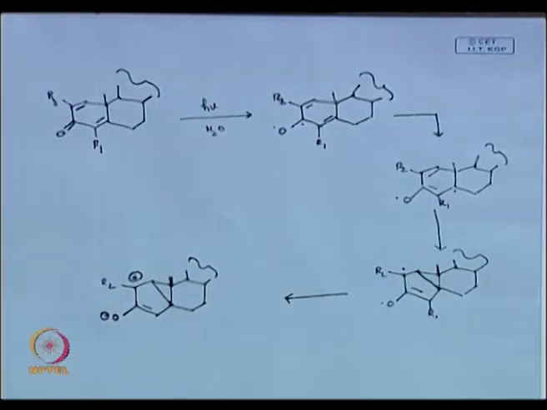Yeah, up to this we are fine. Right? Now what happens? Yeah, this is your product. What happens if you have, because it's a type of zwitterionic, right? Cleavage of bond adjacent to enone.